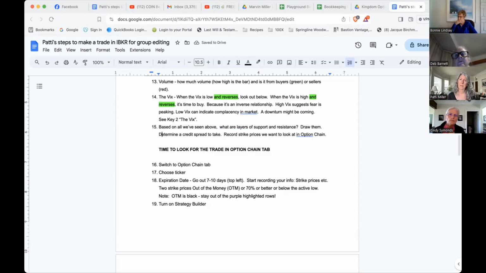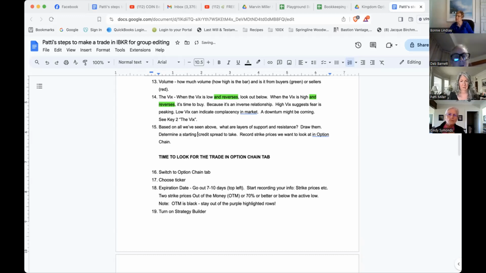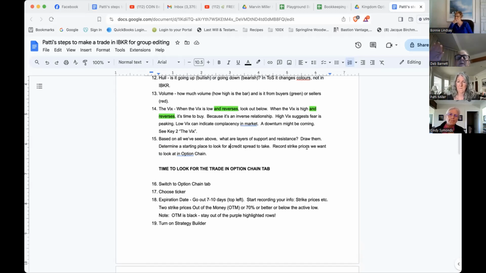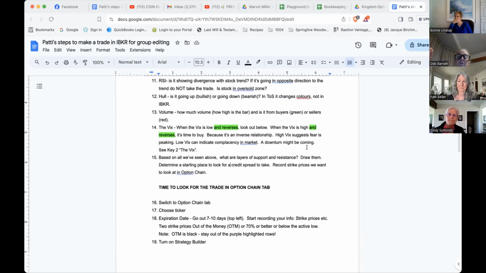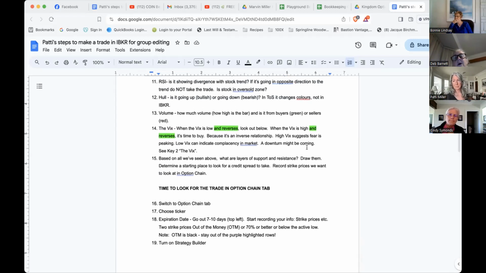We want this information to then go to the options trading tab, because we're going to use that number to go into our strategy builder and into the out of the money section and see what we're looking at.